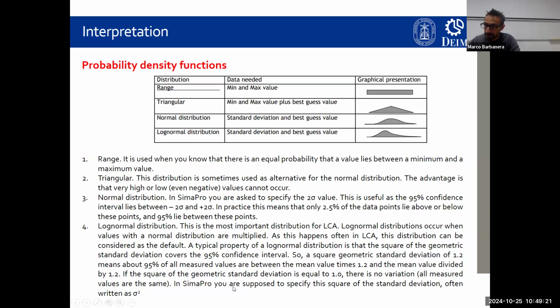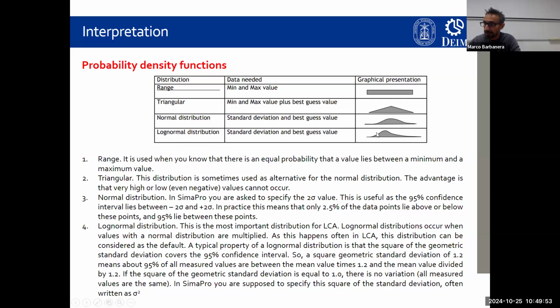For each data of a process in SimaPro software, you have the possibility to define, first of all, the type of probability distribution, and in this case, we have said that for each data, we have to define the log normal distribution.